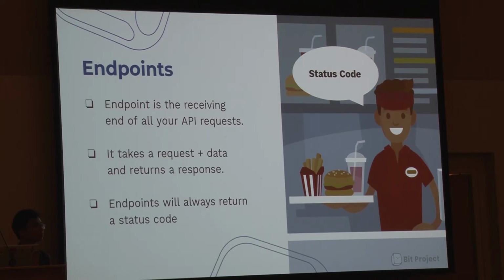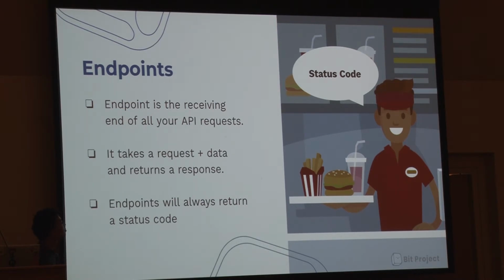The food in this analogy can be seen as the data, and the worker telling you, hey, everything went well, can be called a status code. It's basically the status of your request, whether it was fulfilled, whether it was rejected, whether the formatting was wrong, et cetera.